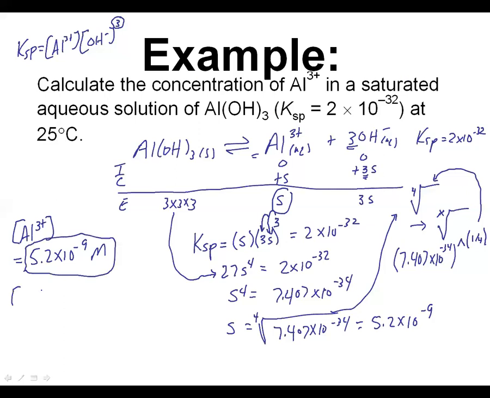Our hydroxide, though, which wasn't asked for, we could also figure out. Our hydroxide concentration is actually 3 times S, which means it would be 3 times the 5, basically, times 10 to the minus 9. We would have a hydroxide concentration in this case of 1.6 times 10 to the minus 8.